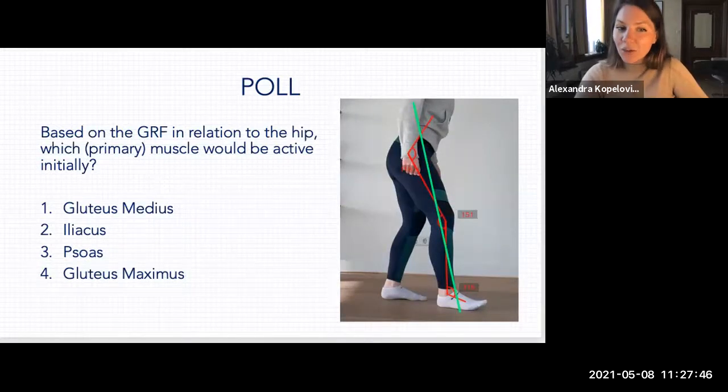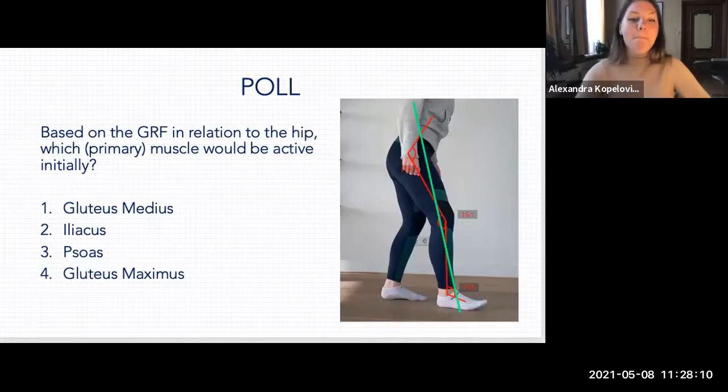So based on the ground reaction force in relation to the hip now. So now the ground reaction force is here. I'm just not gonna say anything. In relationship to the hip, which primary muscle would be active initially? I'm gonna launch the poll. You can read the answers meanwhile. Okay, and I'm just gonna pull it aside.